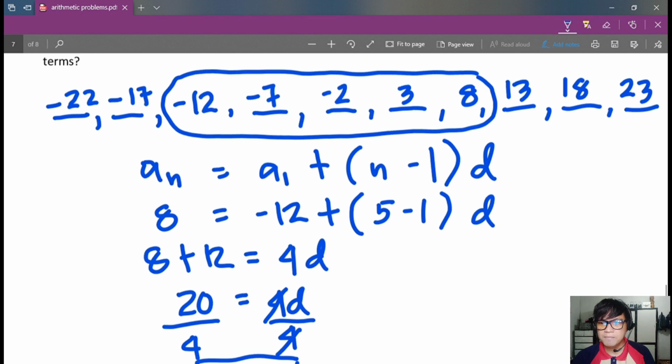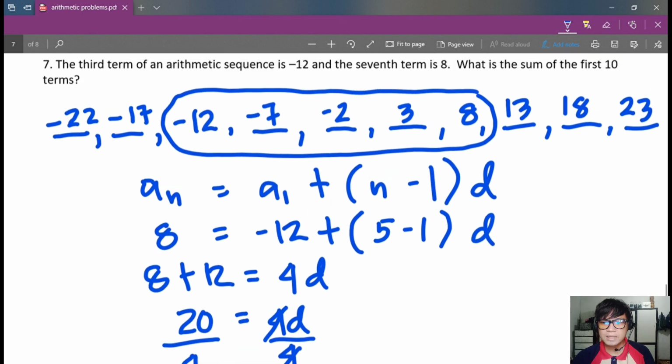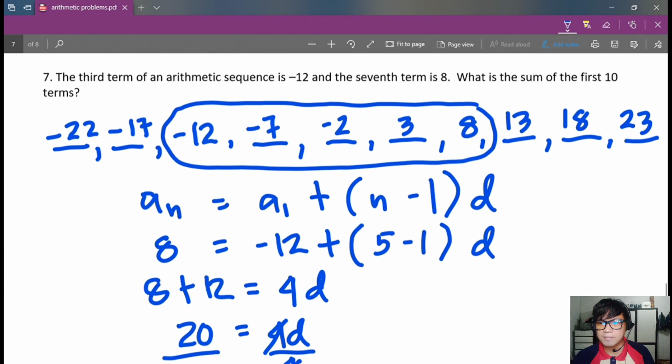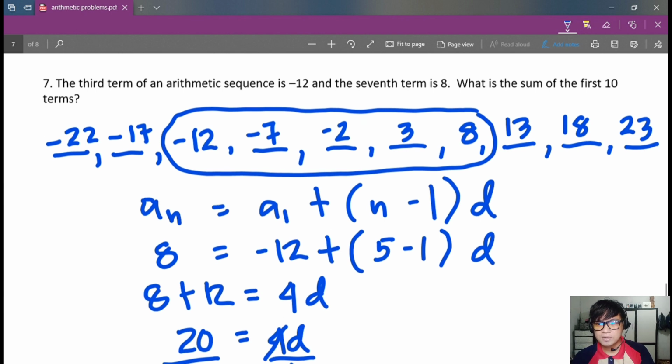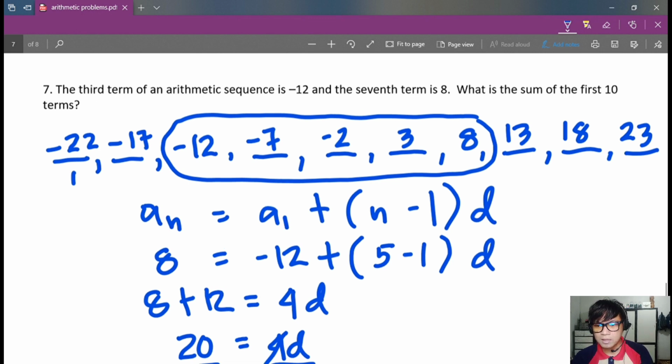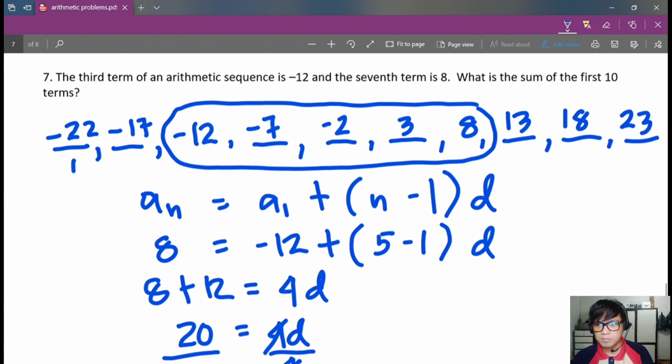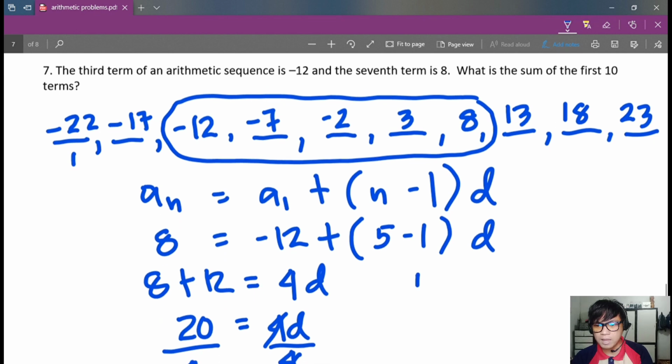So, kukunin natin yung sum. What is the sum of the first 10 terms? So, yung secret ni Carl, i-pair niya, no? Ito, last term pati first term. So, negative 22 plus 3, that's 1. Tama ba? Negative 22 plus 3 is 1. So, 1 times, ilang lahat ng pairs, 5.